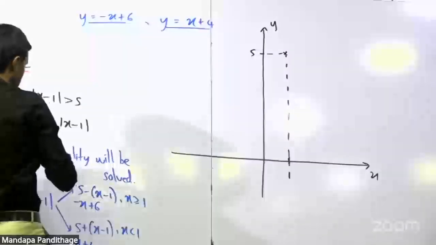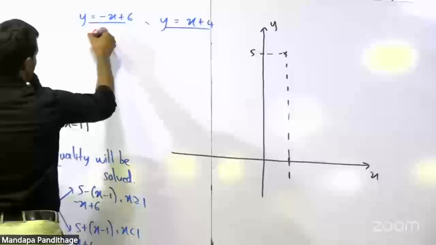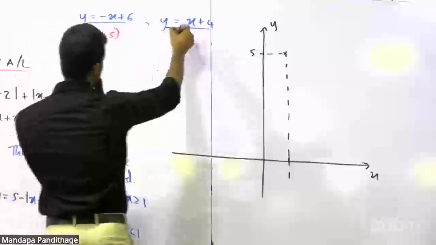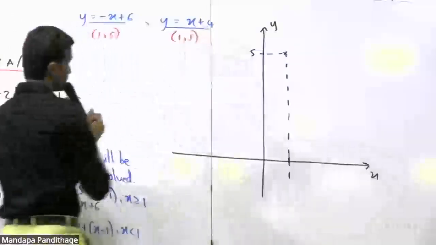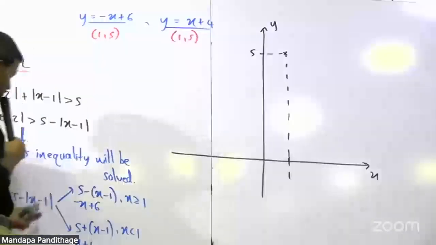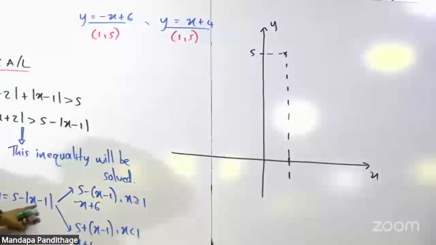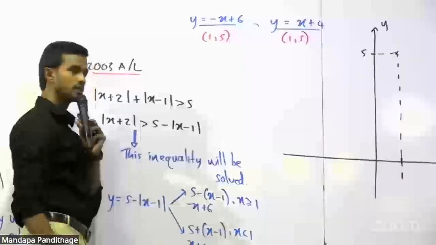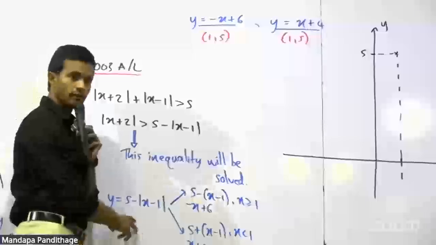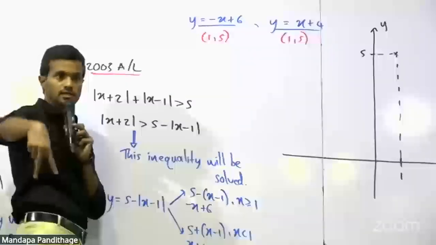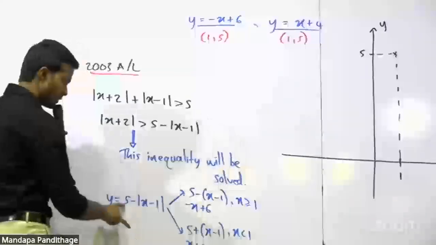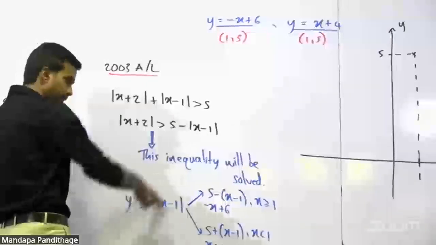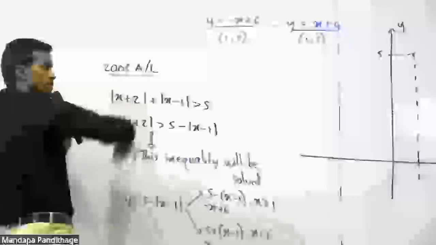If you consider x equals 1, y is equal to 5, and even here x equals 1, y is equal to 5. Before even sketching the graph, you know there is a minus in front of the modulus. That's why I told you, before sketching the modulus function graph, know the shape of the graph. When it is minus, it's in this way, and when it is a plus, the V shape comes up. So you are supposed to get a V-shaped graph, the opposite one.